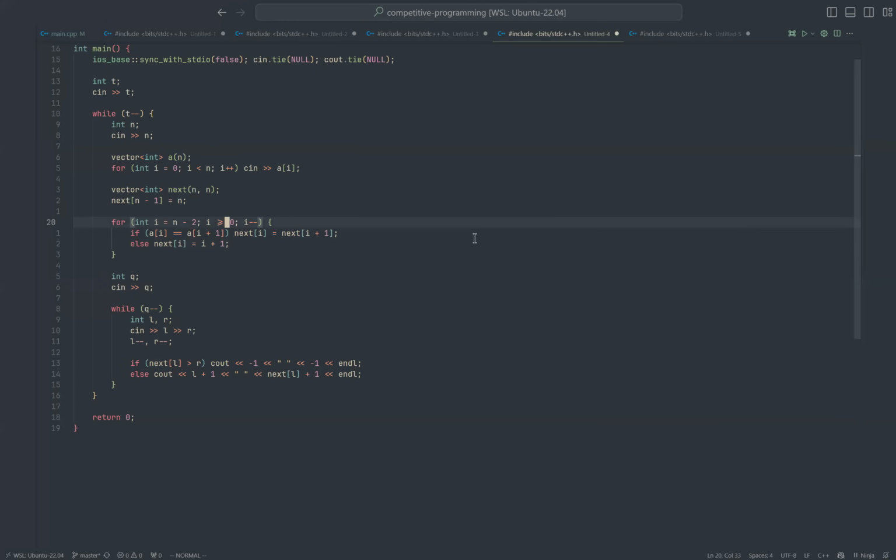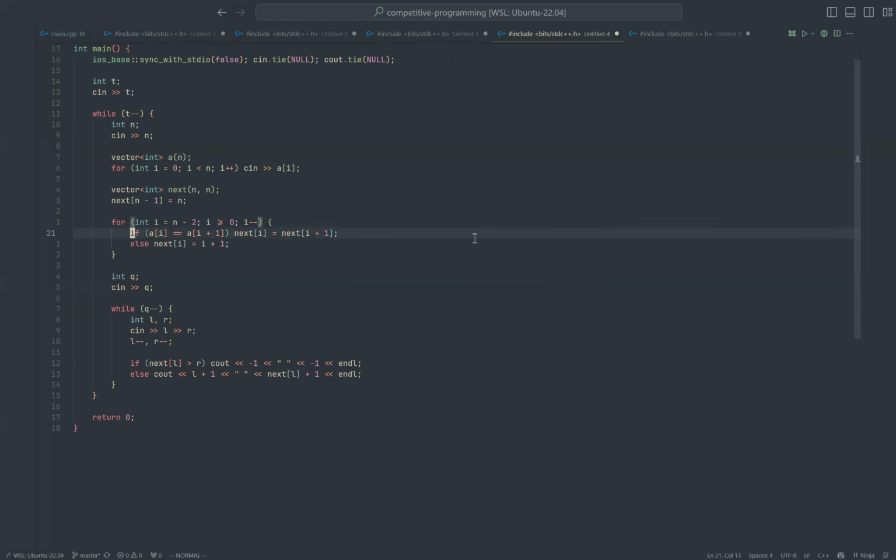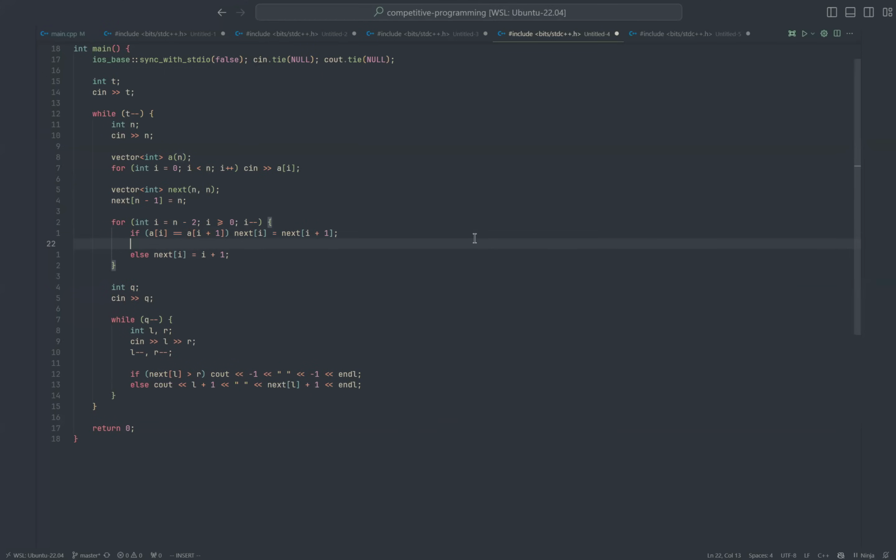So were you willing to ask the same thing or something different? The else part I'm not understanding. Okay, so if I say it as a[i] is not equal to a[i plus 1], next of i equals i plus 1, is it fine now? Do you understand this part? If the next element is not equal, then next of i is equal to i plus 1.